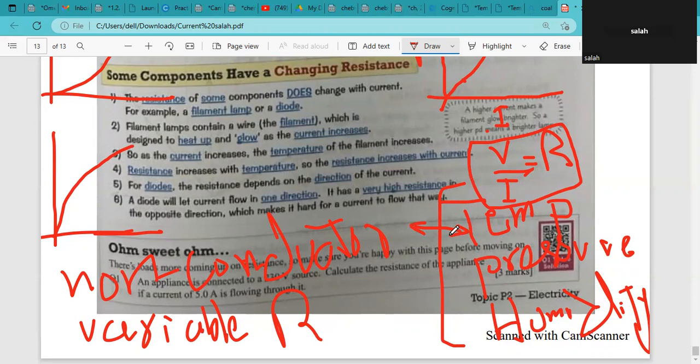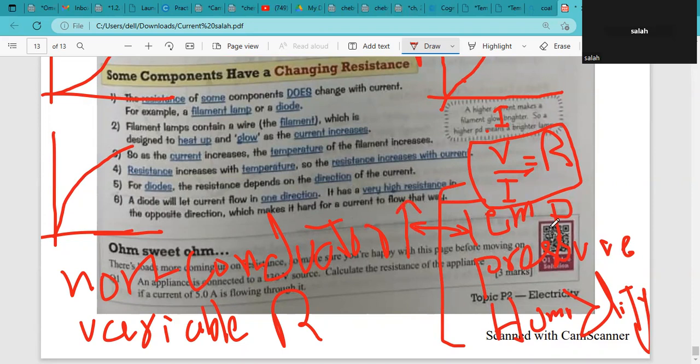Have you touched a filament bulb after one hour of working? Yeah, it becomes really heated. Yes, that's the point I want to ask. Their temperature at the start, when we just switch on the filament bulb, is low, but after some time its temperature rises.